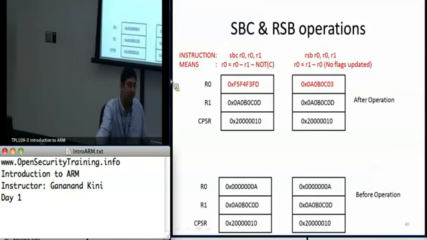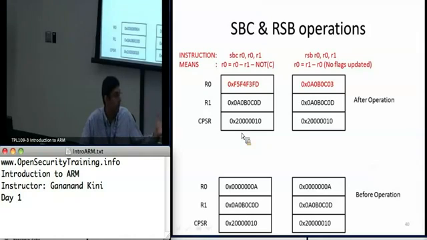Because when you access the CPSR, the flags aren't exactly correct. So I just wanted to point that out. Thank you, Gail. But if you access the CPSR on a real hardware platform, you would see that the negative and the carry flags would be set for subtract with carry.